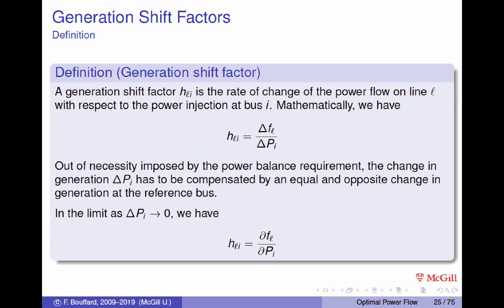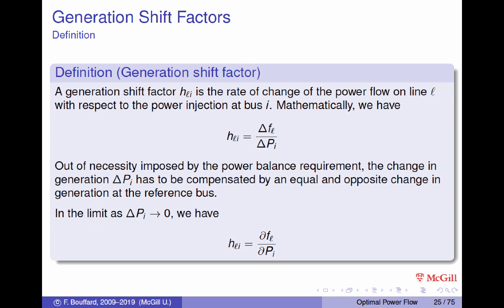Okay, so the basic generation shift factor, which we'll denote by the lowercase letter h, indexed by script L and I, and node I.